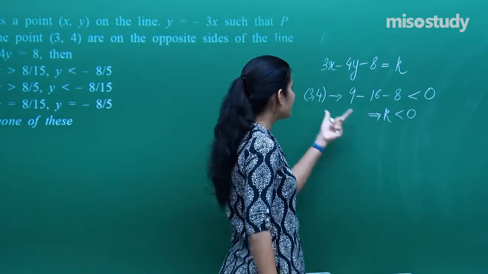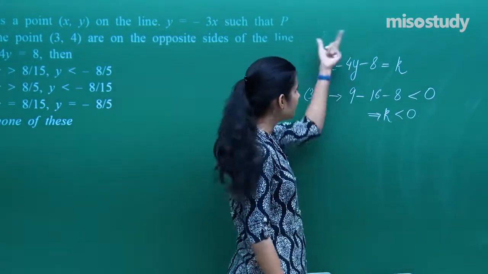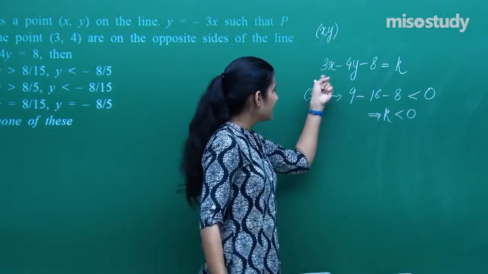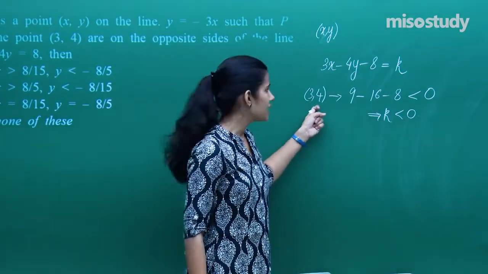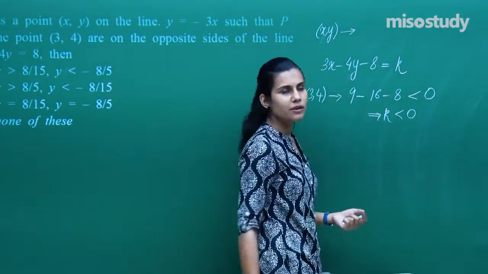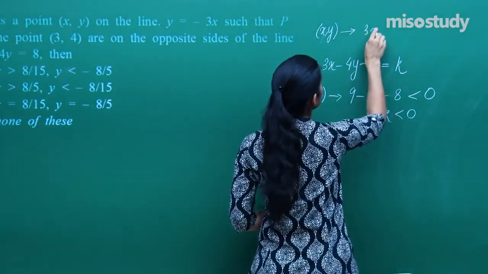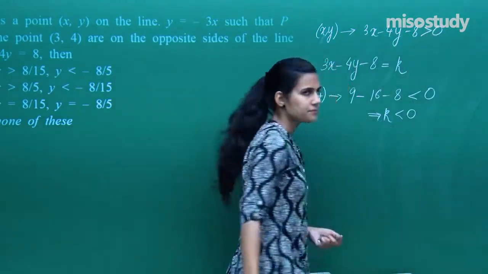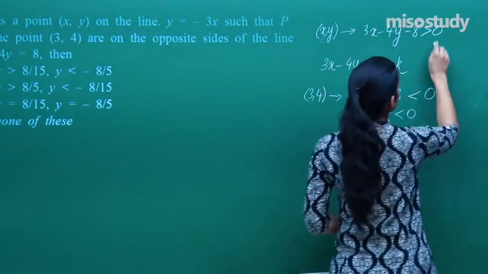Now, if on one side of the line (3, 4) is lying and on the other side of the line (x, y) is lying, the side on which (3, 4) is lying, I am getting this value to be negative, so clearly for the side on which (x, y) will be lying, I am going to get 3x minus 4y minus 8 positive.